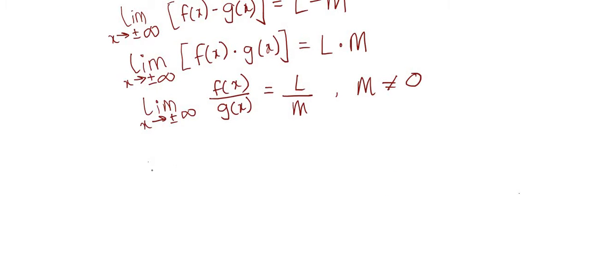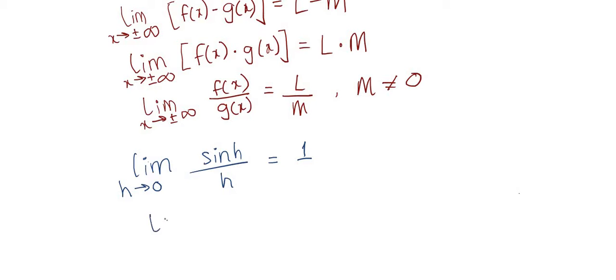And there's another special property, you can call it an identity. Say you have the limit as h approaches 0 of sine of h over h. This will just be equal to 1.